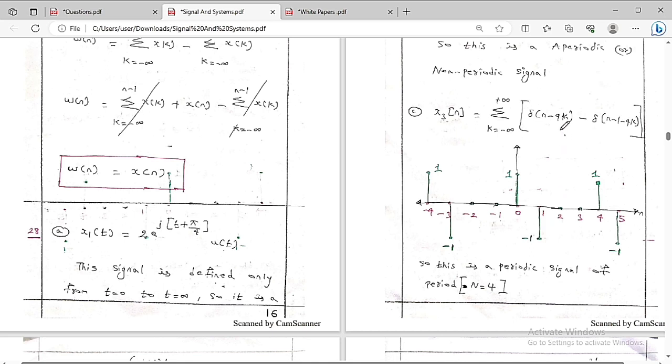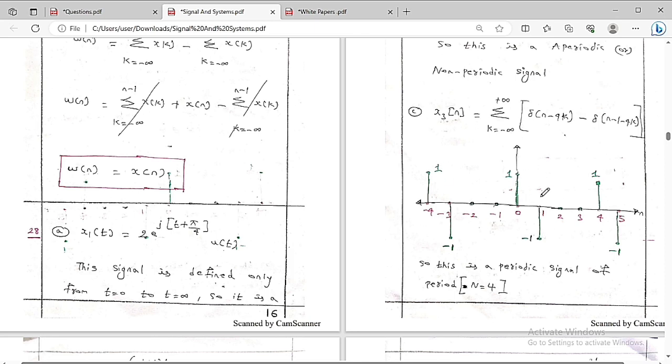Suppose you substitute k is equal to minus 1, then what are you going to get? Delta of n plus 4, a number at minus 4 is going to be present, its value is equal to 1. Then n minus 1 plus 4 is n plus 3, which is going to be present at n is equal to minus 3 and its value is equal to minus 1. So plus 1, minus 1, plus 1, minus 1, plus 1, minus 1.